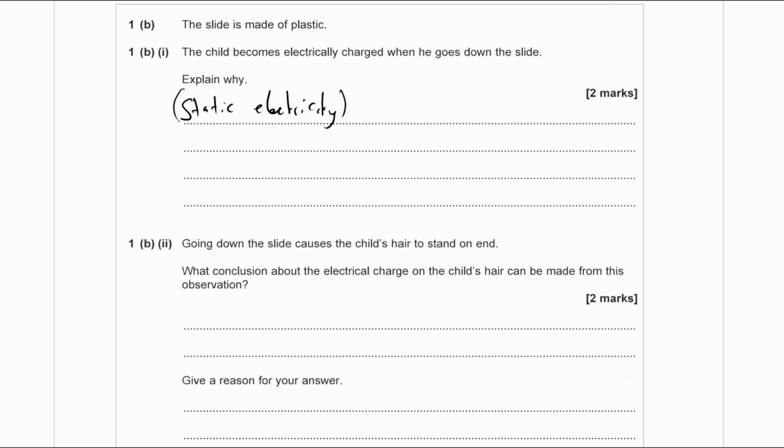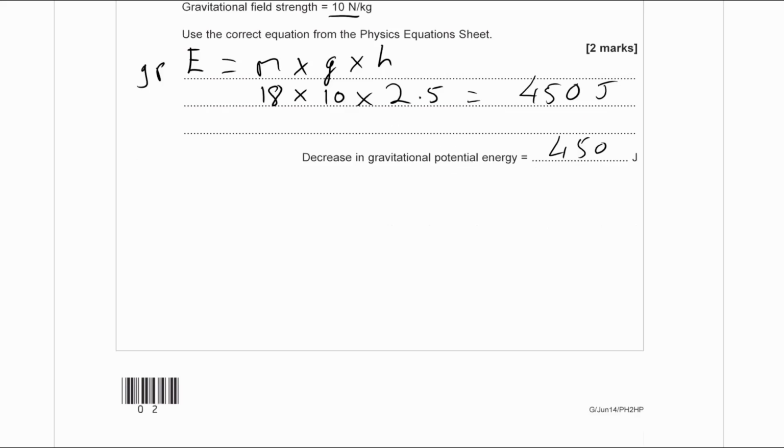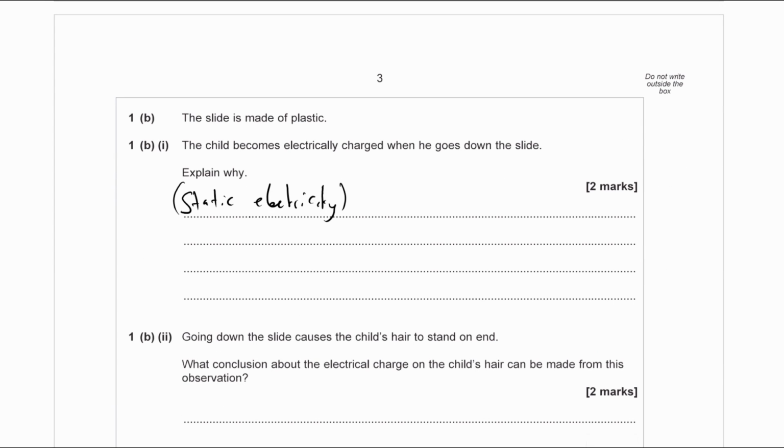The child becomes electrically charged. Well, I mean, obviously the child is wearing clothes. Okay, that's a given. We are shown in the question, you can see the child there, he's wearing jeans and a shirt or whatever. And static electricity comes as a result of friction between two things. Now, you are given the example that cloth and plastic, a plastic rod, when you rub those two together you get friction, which leads to transfer of electrons.